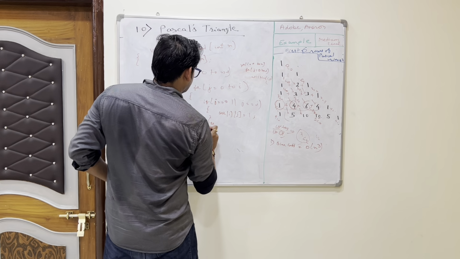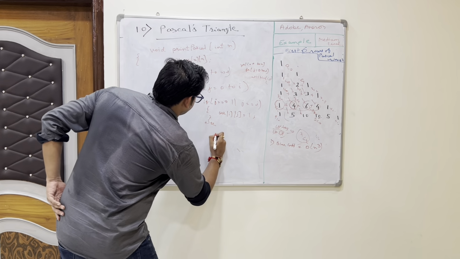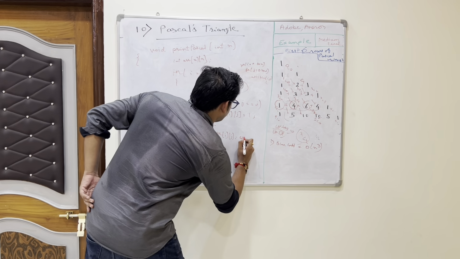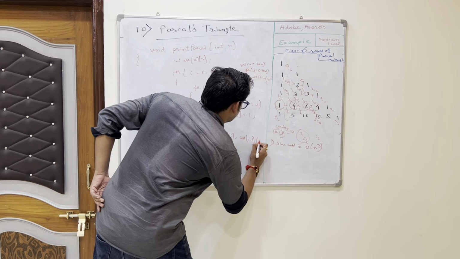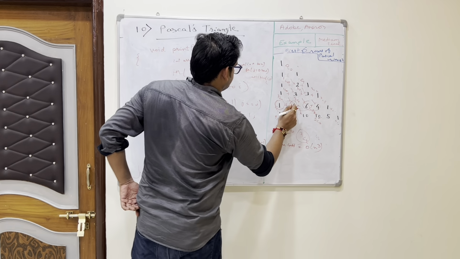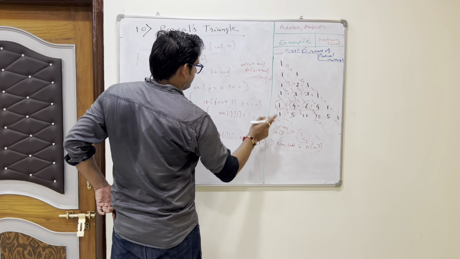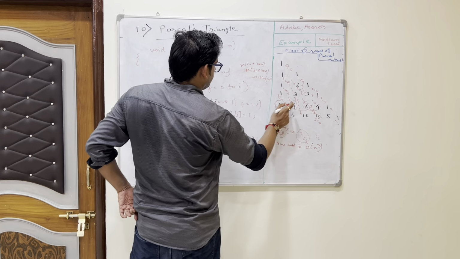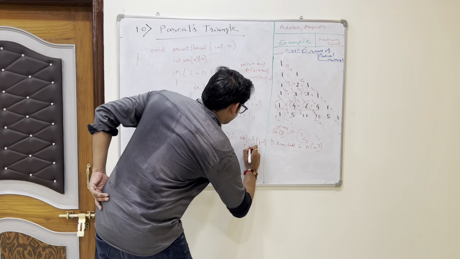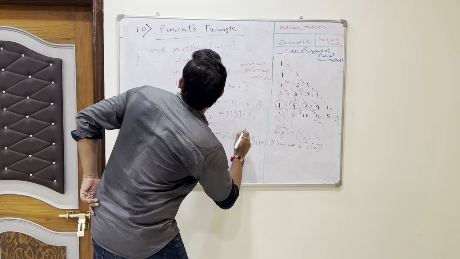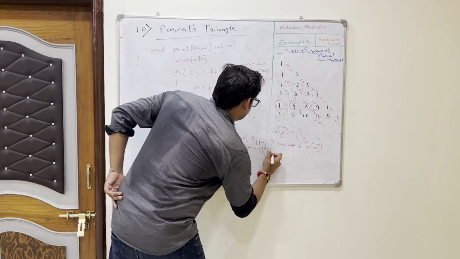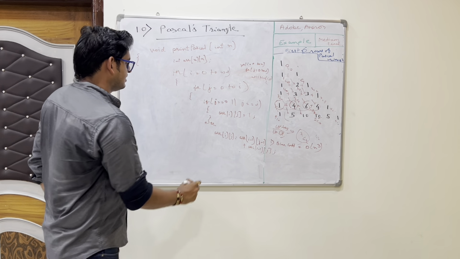Else array of i j would be the previous row, i minus 1, j minus 1, the previous column, plus array of i minus 1, j, the same column. This would be the logic.